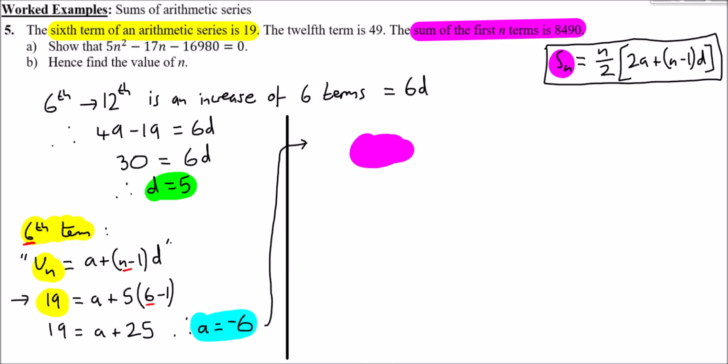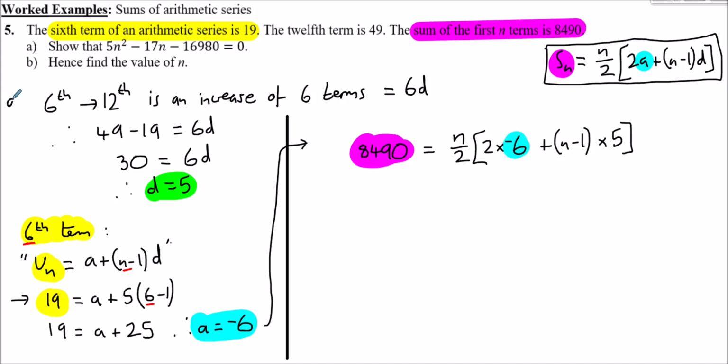So therefore 8490, just plugging into this formula, equals n over 2 brackets 2 lots of a, so that's 2 times minus 6, because you worked out down here that a was minus 6, plus n minus 1 lots of d, which we worked out was 5 from the first step.